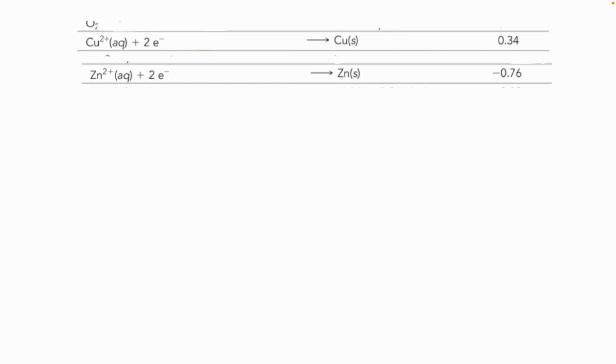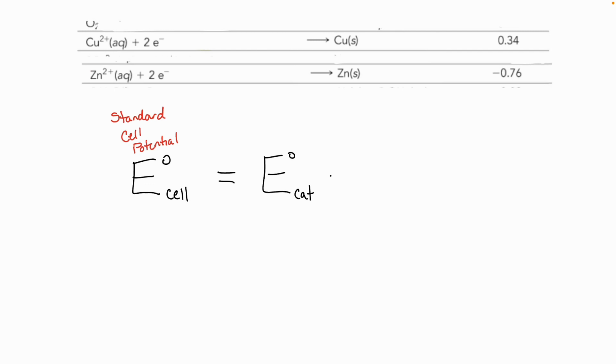Our E0 cell, what's called our standard cell potential, is going to be equal to the potential at the cathode minus the value at the anode.